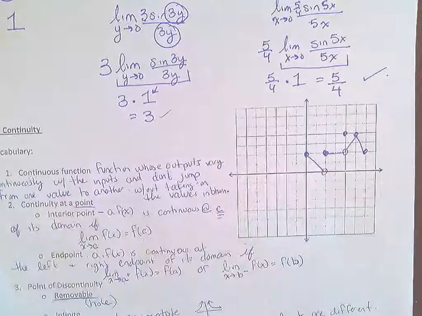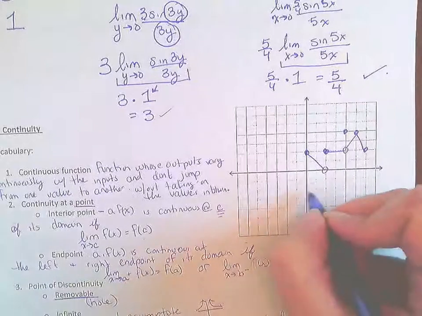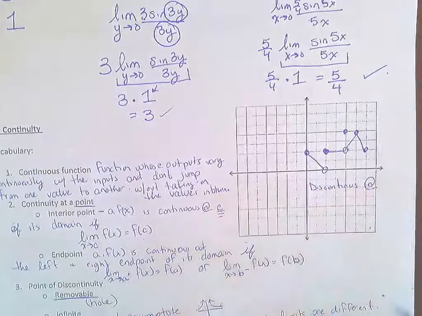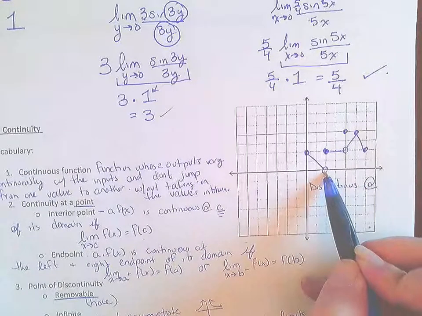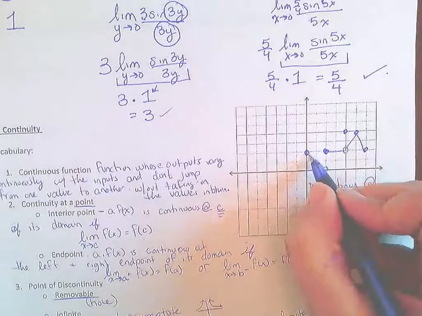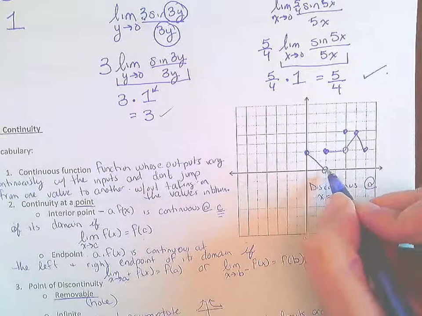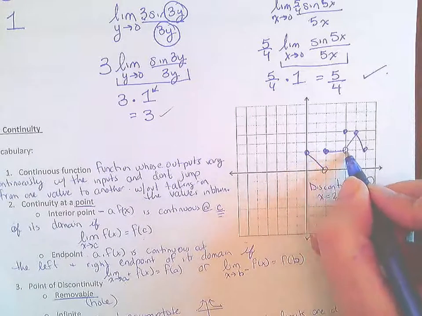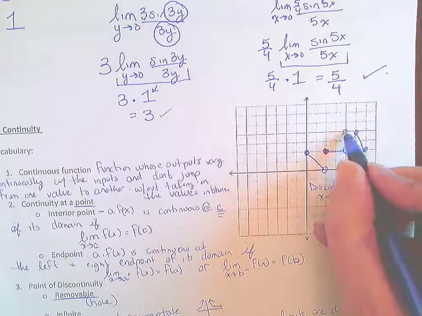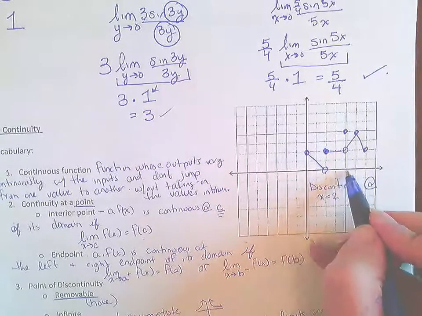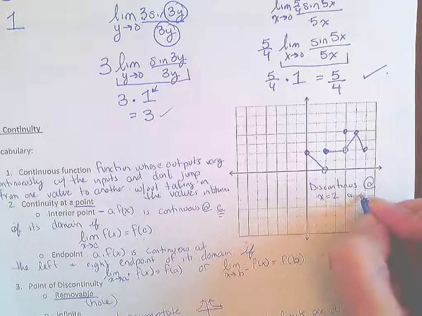Now in this graph we can basically say that this graph is discontinuous at x equals 2, because at 2 I had to physically pick up my finger and continue right there. And then I keep going. It's discontinuous because I had to physically pick up my finger to graph that point. So another point of discontinuity is at x equals 4.